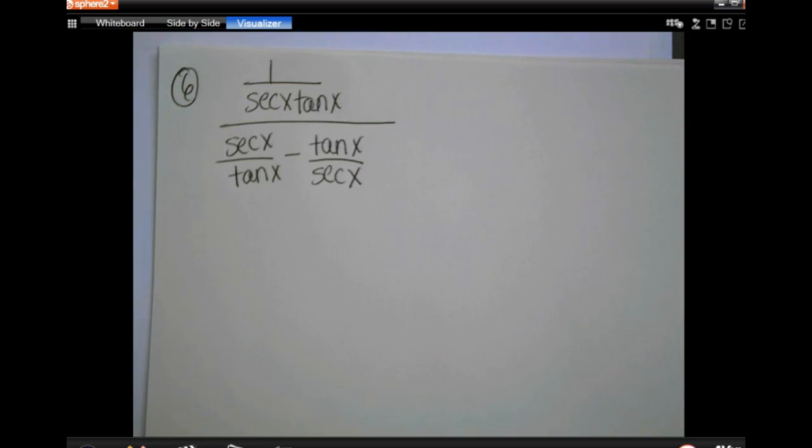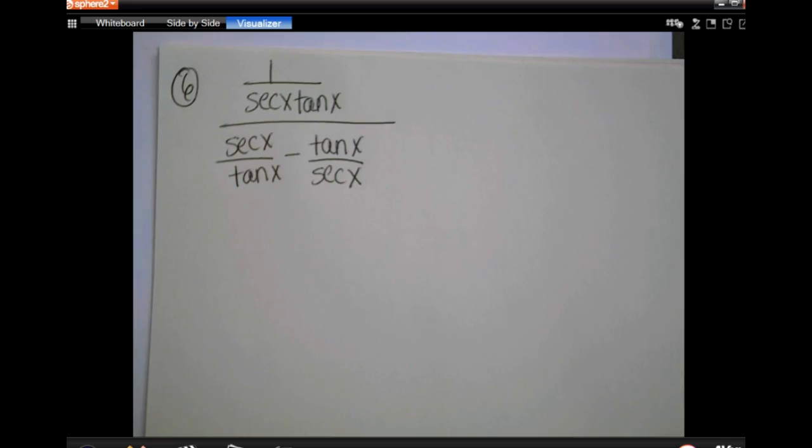What I do look at is this: I want as much to cancel out as possible. So when I look at this, I have secant and tangent here, but what's down here? They're not common denominators, but if they were, what happens when you invert that? The secant and tangents will cancel out.